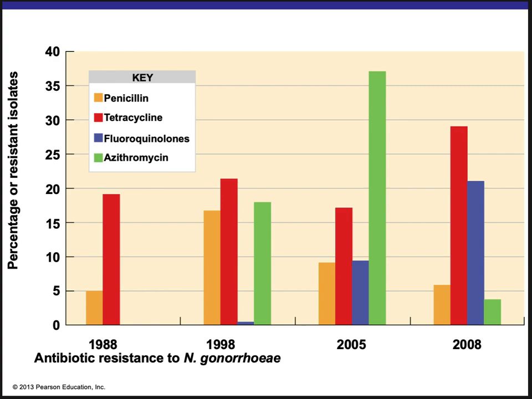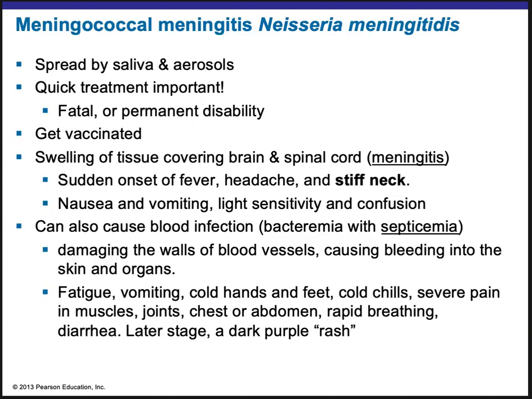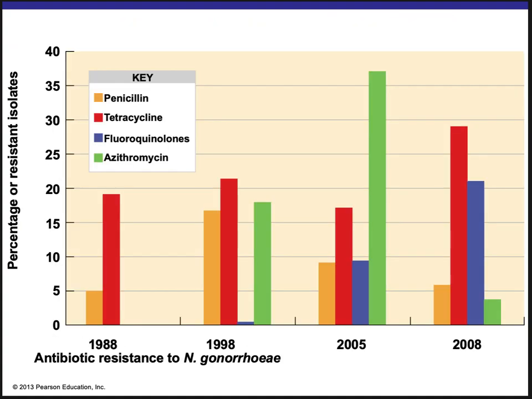And so this is the current practice for gonorrhea and syphilis and chlamydia. Also, if you have gonorrhea, you're more likely to have chlamydia, and you're more susceptible to other sexually transmitted infections once you have one.